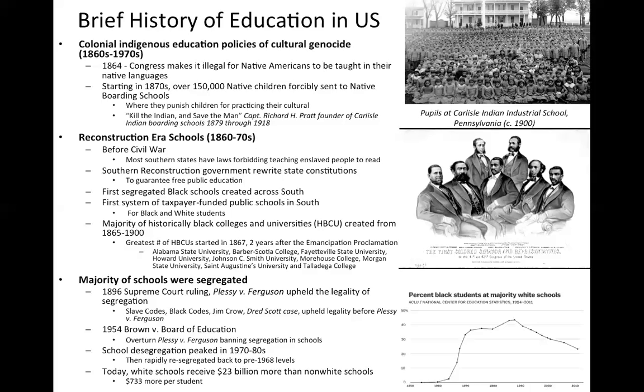and this was because of the Reconstruction government. And at the same time, during this period, we start seeing what we call historically Black colleges and universities, or HBCUs, created. And this was really important because at the time there were colleges around, but even after the Civil War, and after the 13th, 14th, and 15th Amendments and these new civil rights bills, colleges still discriminated and did not accept Black people, or not that many Black people.